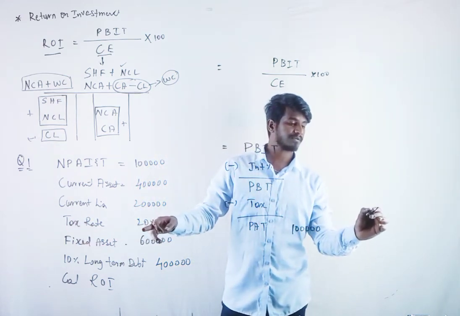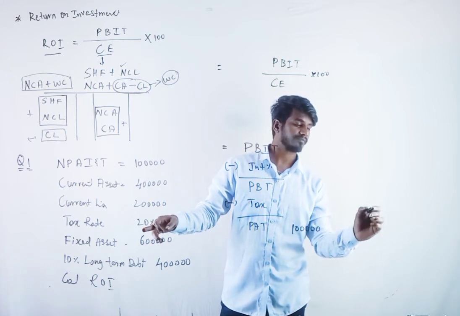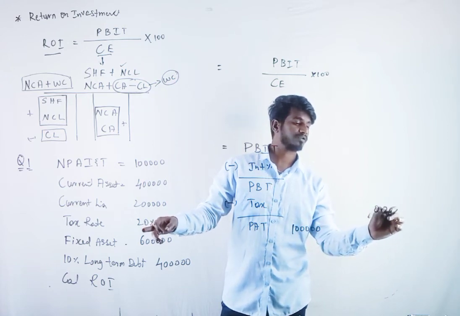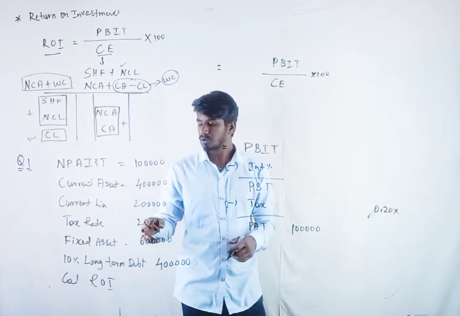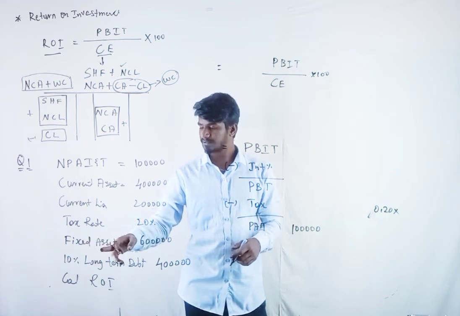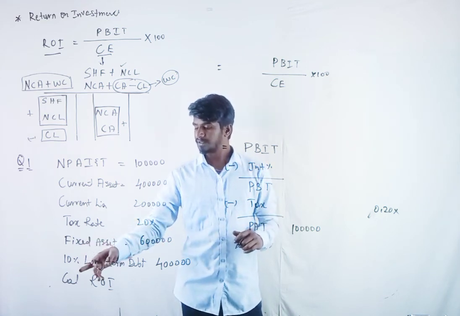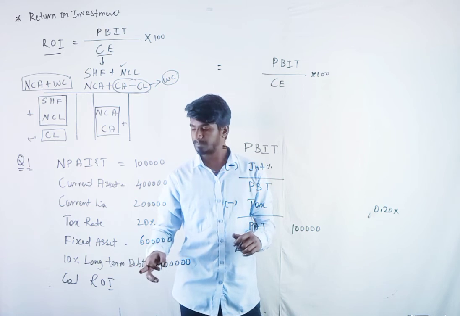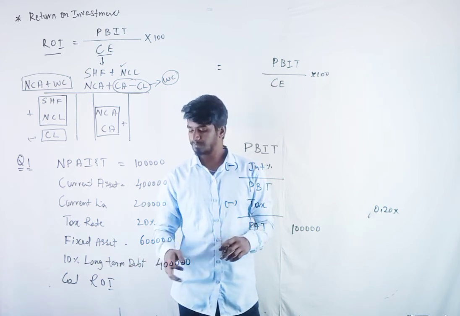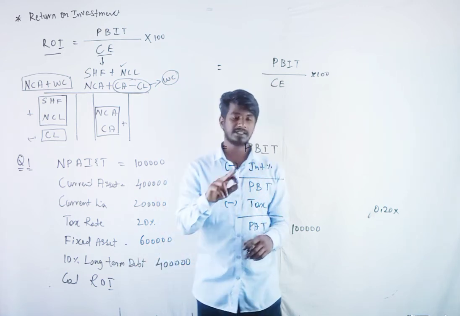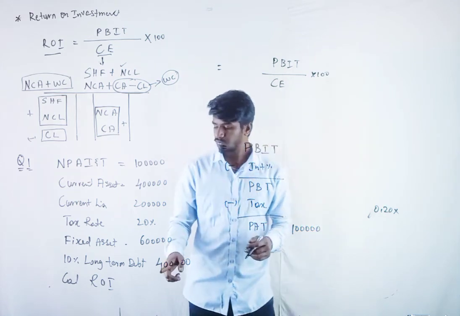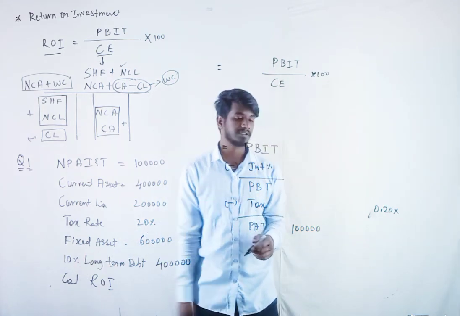Tax rate is 20%, 0.20x, we can keep it. 10% long-term debt of 4 lakh. Interest is 4 lakh into 10%. Is that correct?